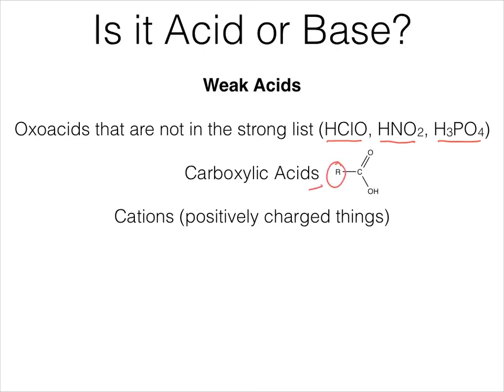This R group just means other atoms. So this shape, this carbon double bonded to the oxygen, bonded to the hydroxide, this shape right here, I'm going to erase that because that's messy, is what is making this the carboxylic acid.